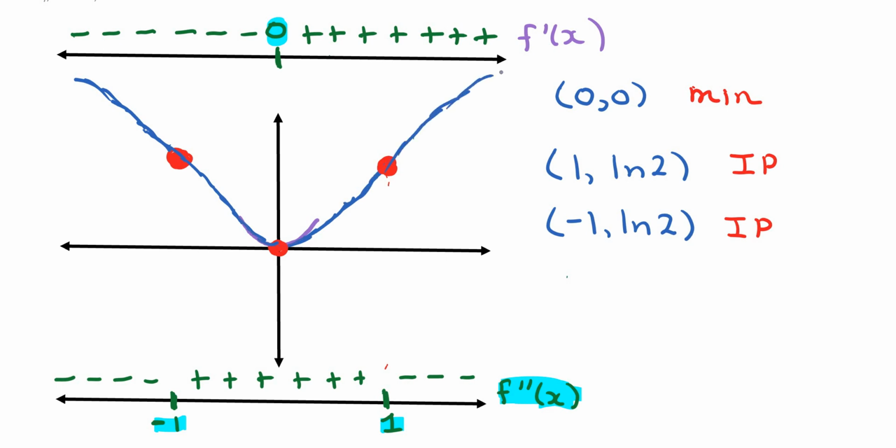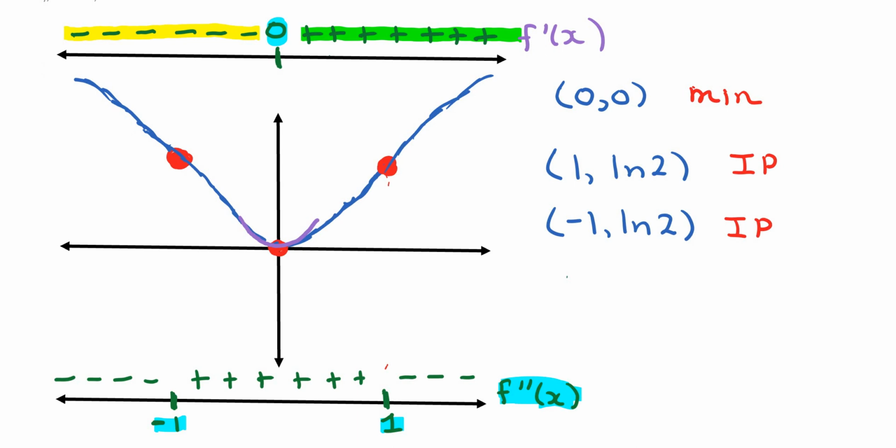So this is a decent sketch, and let's go ahead and test this now. So on my first derivative test, on the left of 0, I have a negative slope, and clearly this right here is a negative slope, so that works. And then on the right hand side of 0, the slope is positive, and this is my positive slope. So the first derivative test lines up.